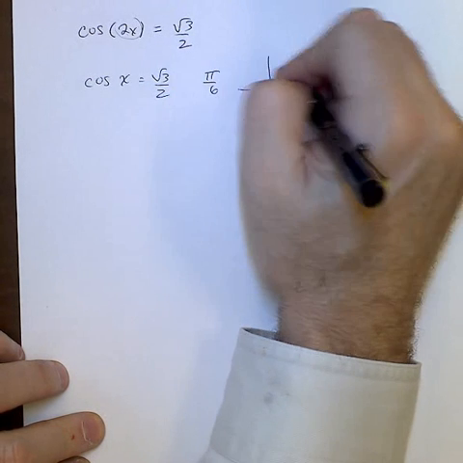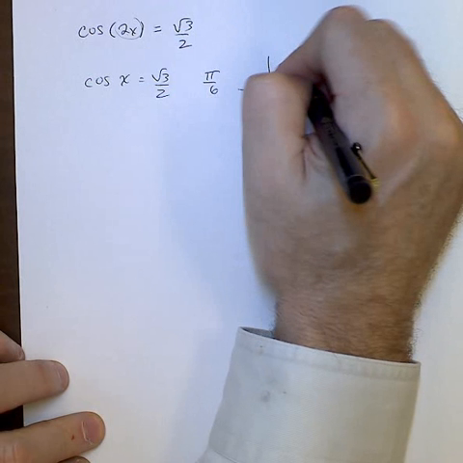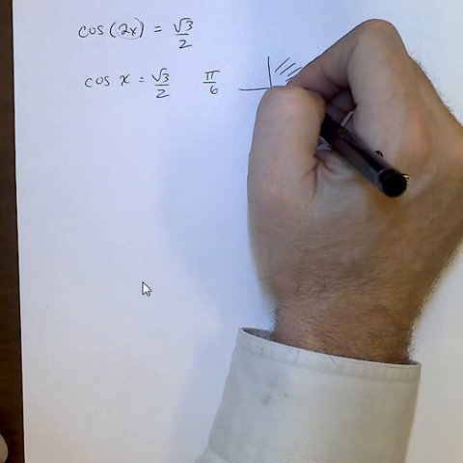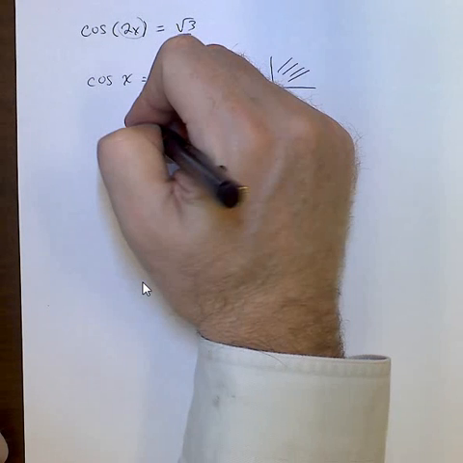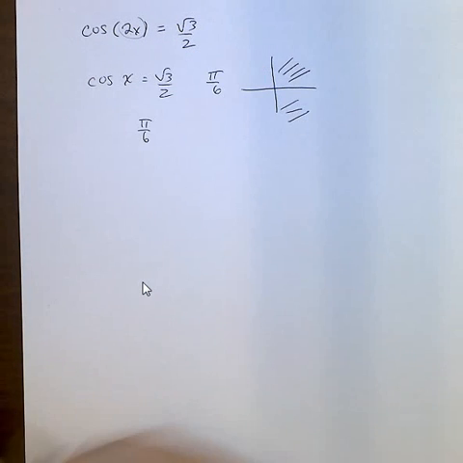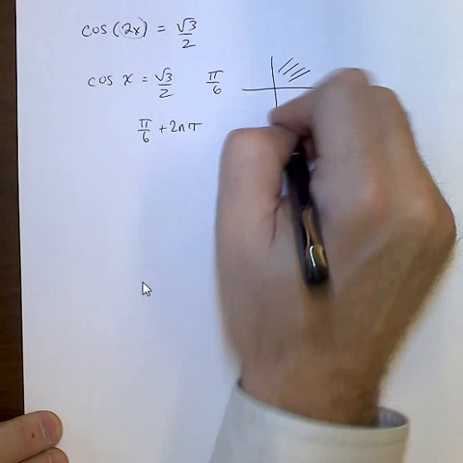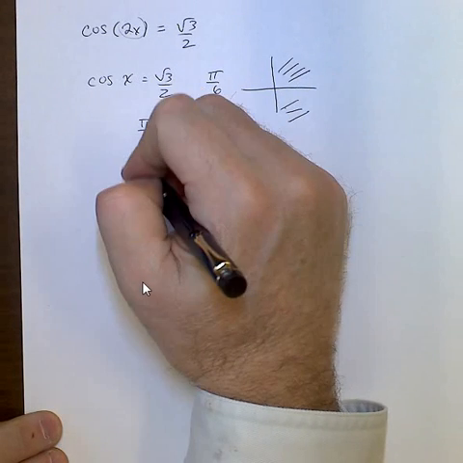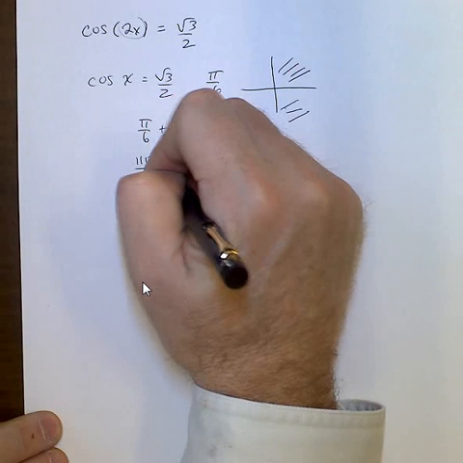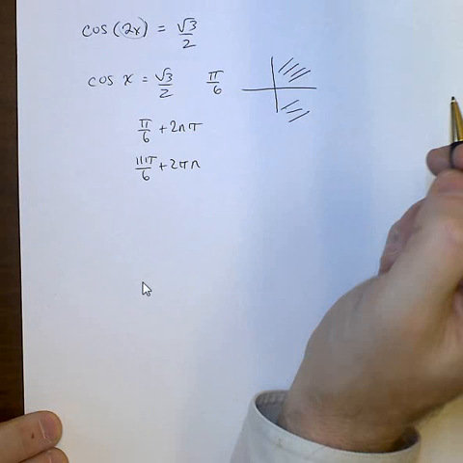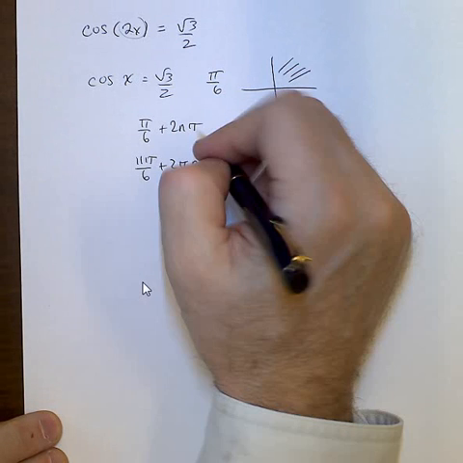So our answers are going to be in the first and fourth quadrants. And therefore it's pi over 6 plus 2n pi. And the fourth quadrant solution of pi over 6 is going to be 11 pi over 6 plus 2n pi. Now, it's at this point, once you've kind of solved everything, that you bring the 2x back in.